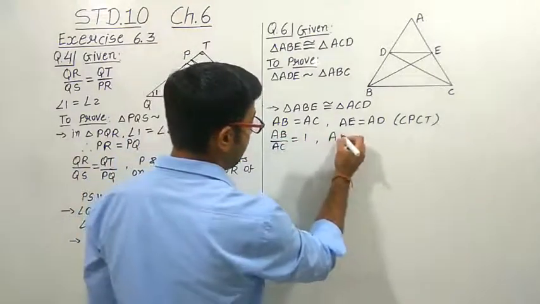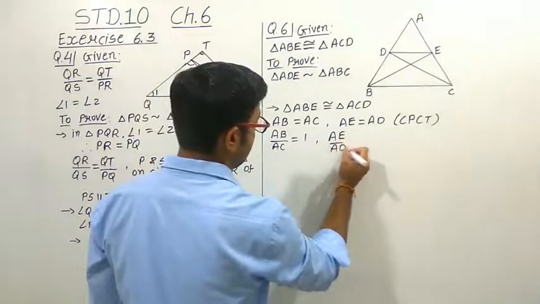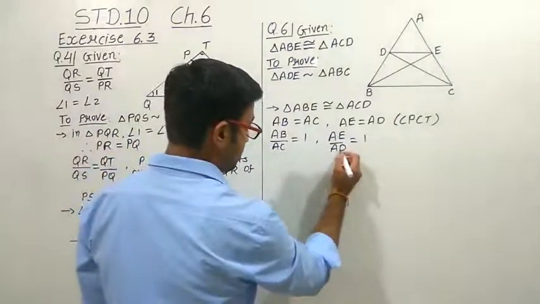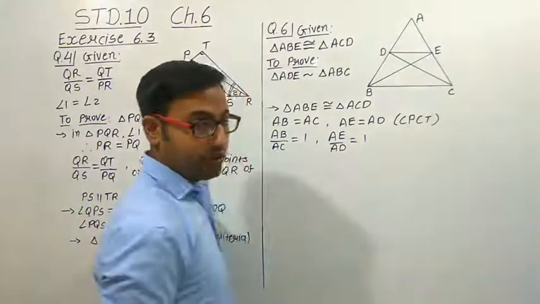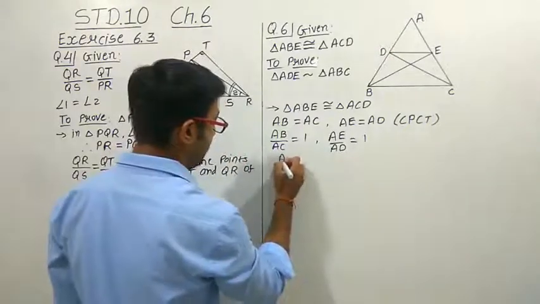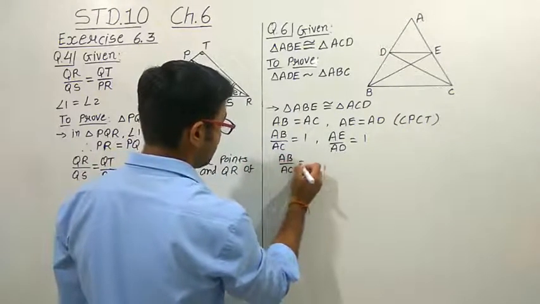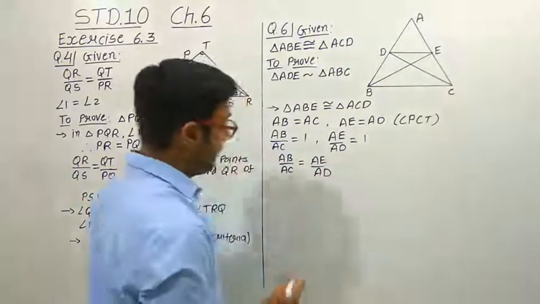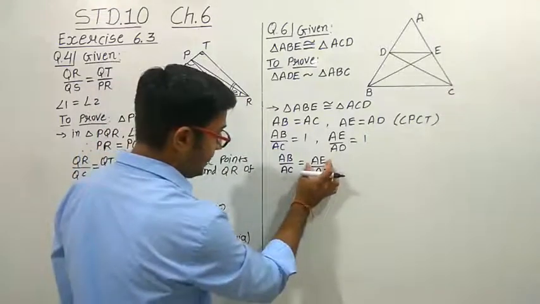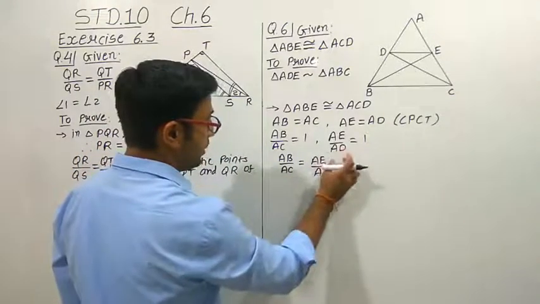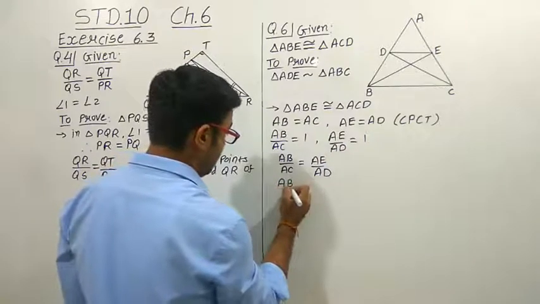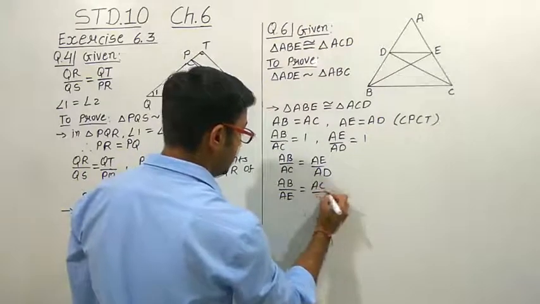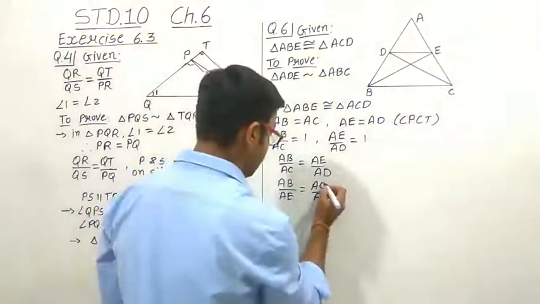In the same way, here if we do AE upon AD, then again it will become 1. Now we can compare both these equations because both have the right hand side equal. So when we compare, we get AB upon AC is equal to AE upon AD. Now, by cross multiplication, we take this AE here and AC here, so we can write AB upon AE is equal to AC upon AD.